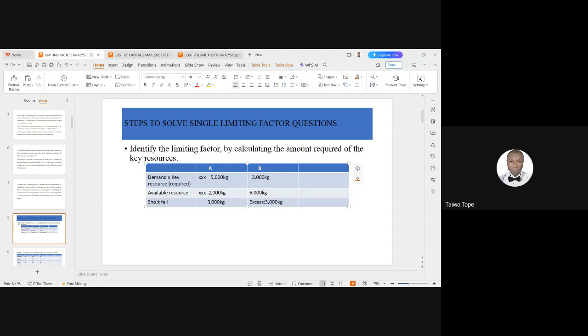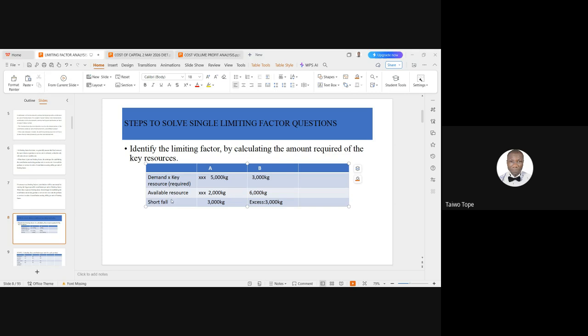So it shows that material is a limiting factor for product A. Now, for product B, you are in need of 3,000 kg, but what you have is 6,000 kg. Is there limitation here? No. No limitation.